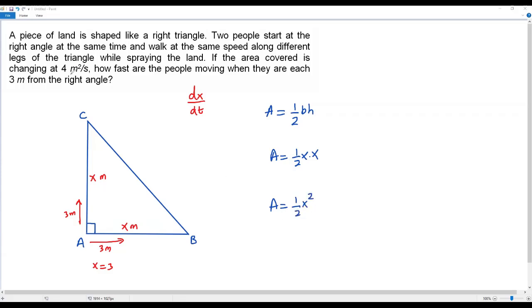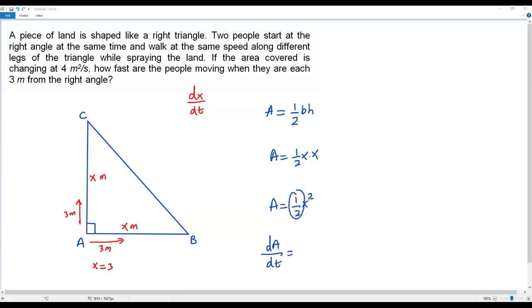Since we have information about how the area is changing, we have to find the derivative of this area, and since the rate of change of area is given with respect to time, we have to find the derivative of A with respect to time. So let's find the derivative on both sides of this equation with respect to time. The derivative of A with respect to time gives dA over dt.